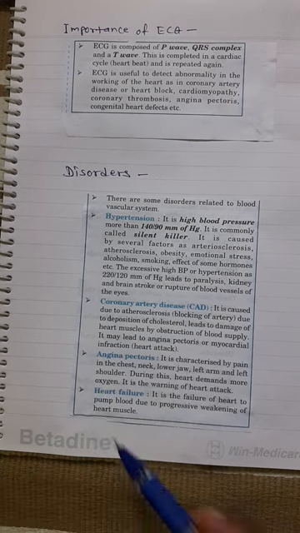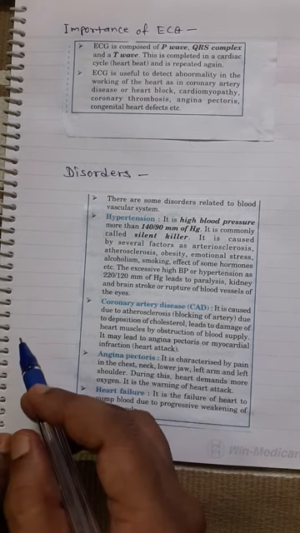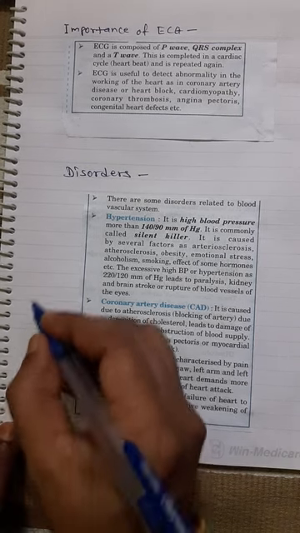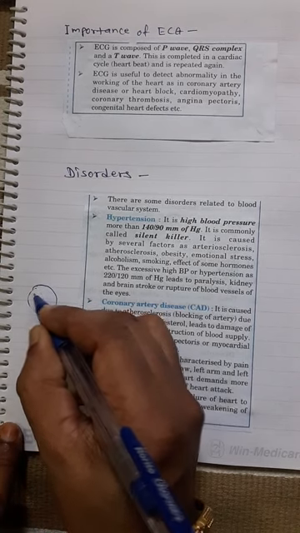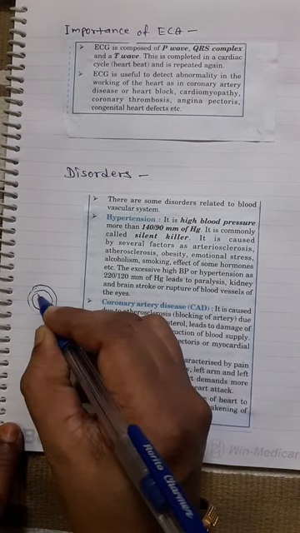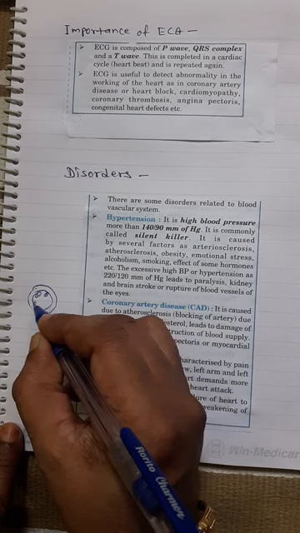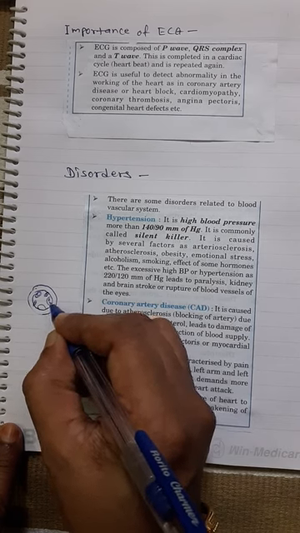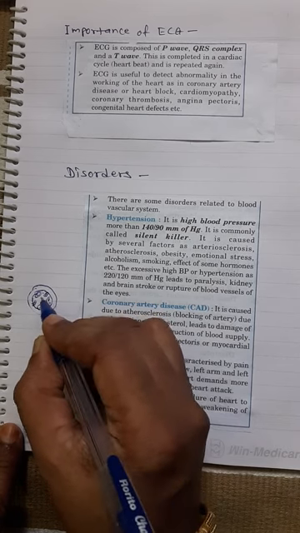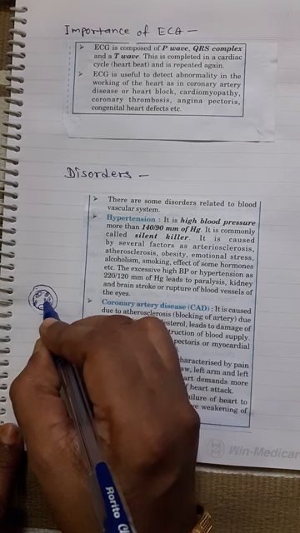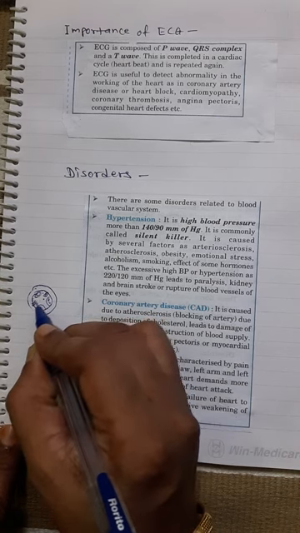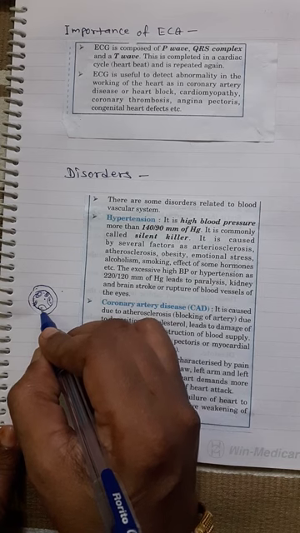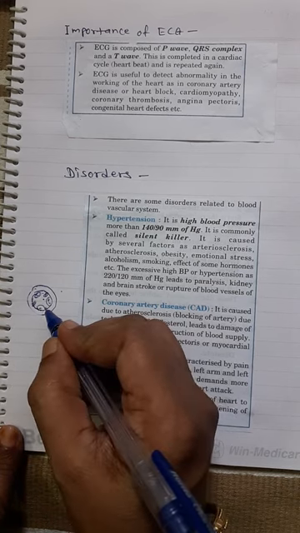We had studied the structure of artery and the structure of vein. So if this is the lumen of an artery, then there is an accumulation of cholesterol, plaque formation, and because of this the lumen of the artery decreases and less blood flows. That's why there is more pressure on the heart to pump blood.